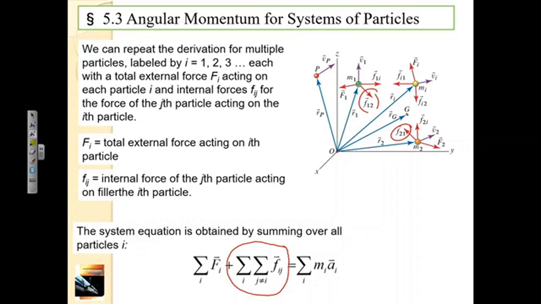This could be my r1. Maybe my r2 is longer. And that moment is going to be r cross f, right? Sorry, my moment is going to be r cross f, which we have related to momentum.